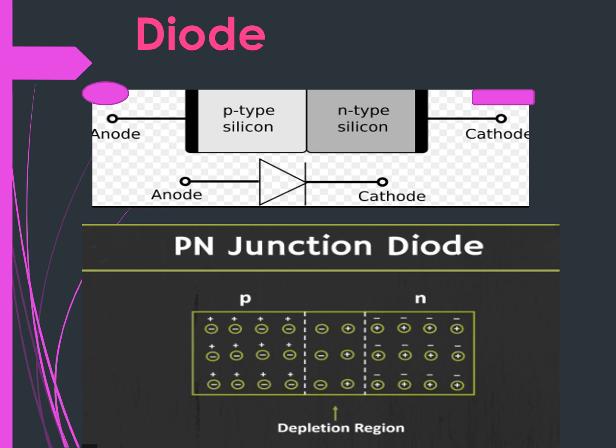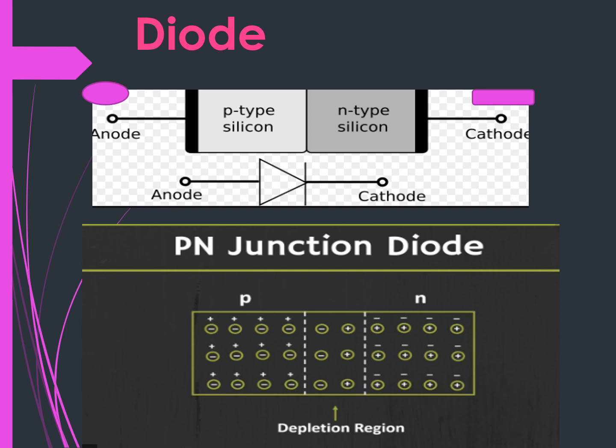We are just studying the mechanism inside the diode. How have we created a p-n junction diode? By taking a p-type semiconductor and an n-type semiconductor. A p-type semiconductor has holes as majority carriers, and an n-type semiconductor has electrons as majority carriers.